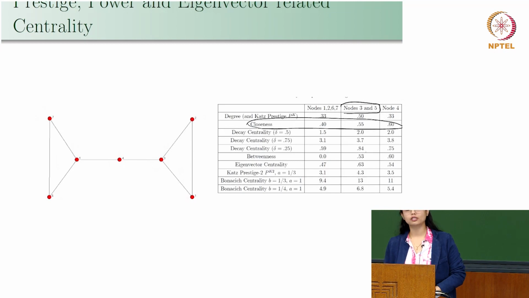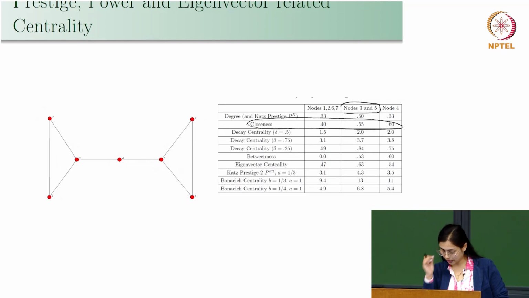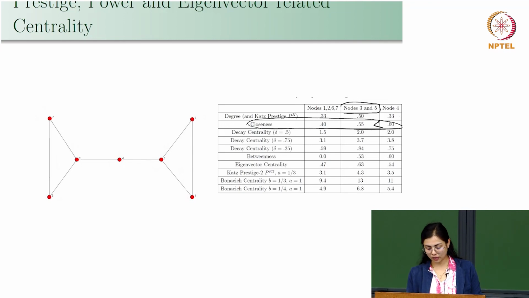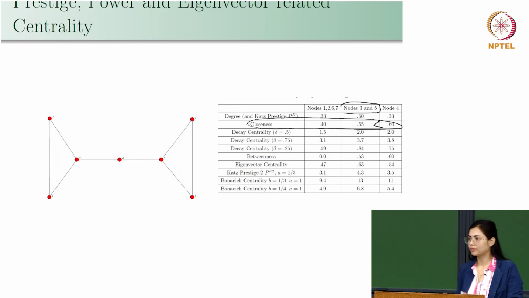It is normalized. Now here you can see the closeness centrality for 5 and for 4: 4 is greater, 0.6 and 0.55. So just try to calculate it properly again.